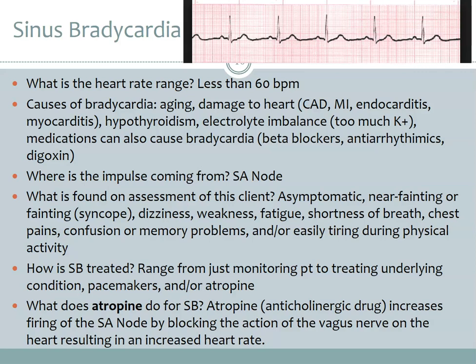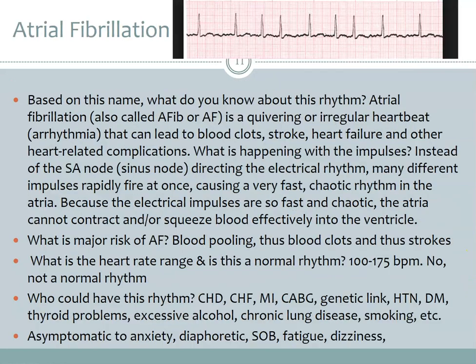So atropine is an anticholinergic drug, and it literally increases the firing of that natural pacemaker, the SA node, and it does this by blocking the action of the vagus nerve on the heart. And by blocking the vagus nerve, this results in an increased heart rate. So you see that it's very effective for a patient who's in sinus bradycardia.